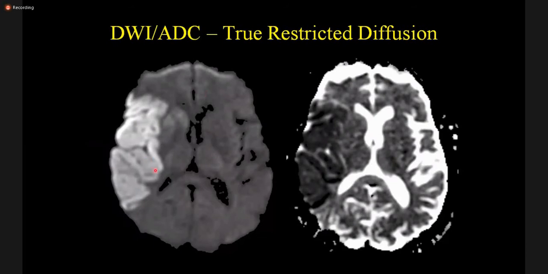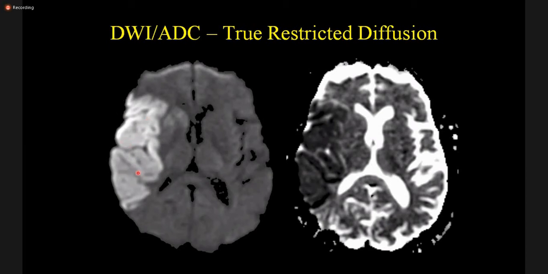This is the ADC mapping: this is the DWI image, and this is the ADC image, apparent diffusion coefficient. We say there is a true diffusion restriction when any lesion or abnormality appears hyperintense, meaning bright. We use the terminology hyperintense, hypointense, or isointense.